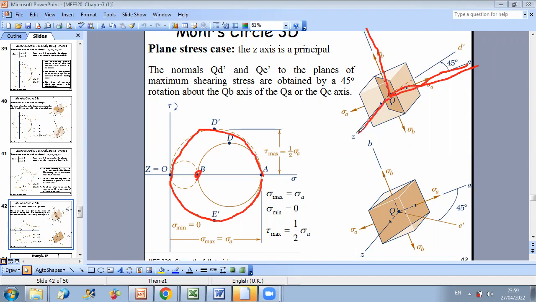So now if you rotate, let's say, from point A to D prime, since you are rotating 90 degrees on the Mohr circle, you will rotate an angle of 45 on the actual element, and here you are rotating on circle AO, so you are rotating about axis QB.